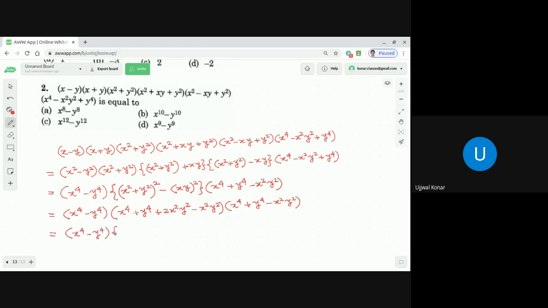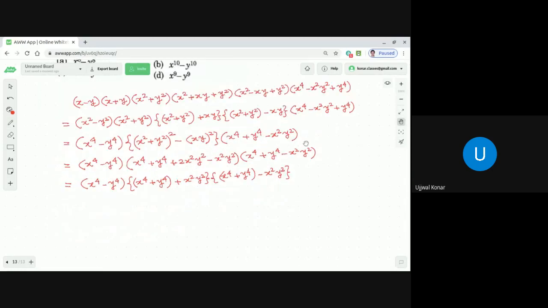Here we are getting x power 4 plus y power 4 plus x square y square, and what we are getting here is x power 4 plus y power 4 minus x square y square. You are completely getting this point now, all of you? Tribali, Manishika, yes sir. Kalpita.